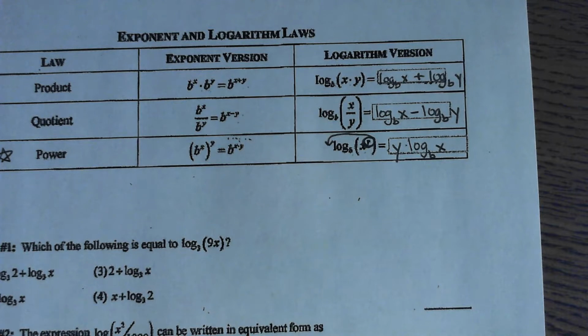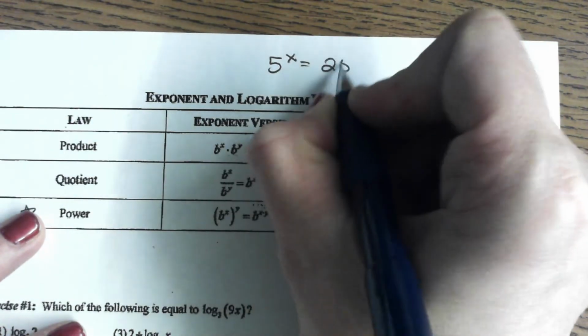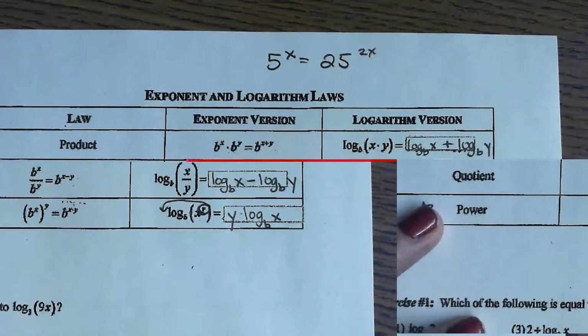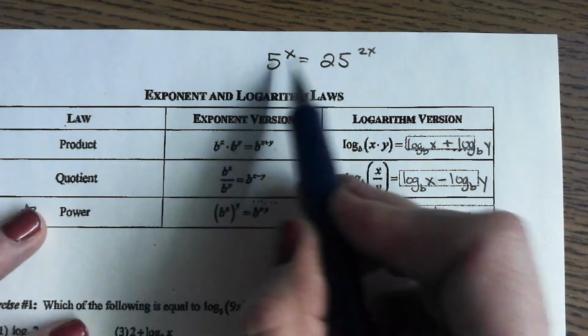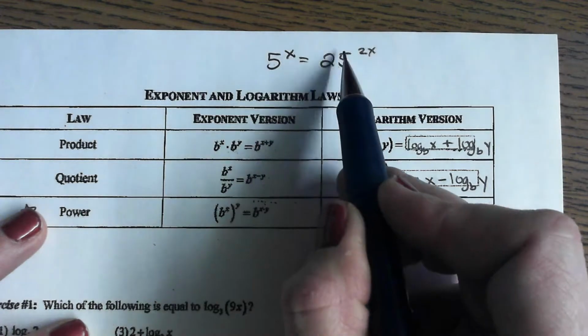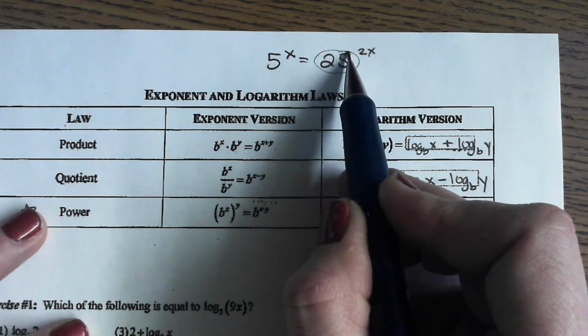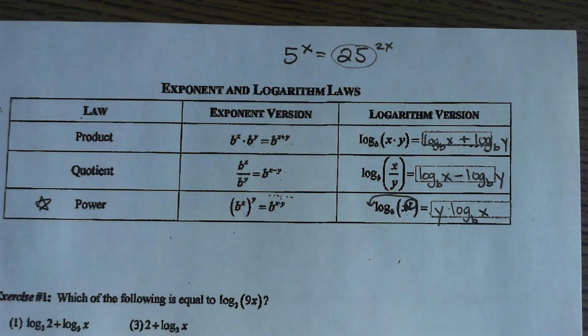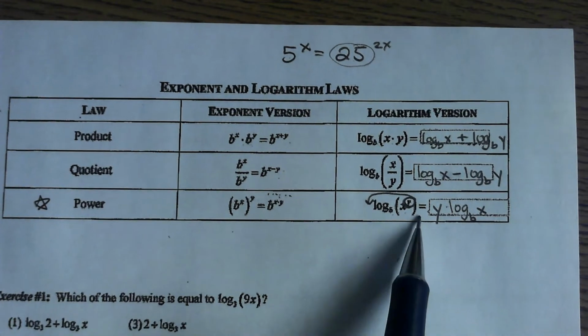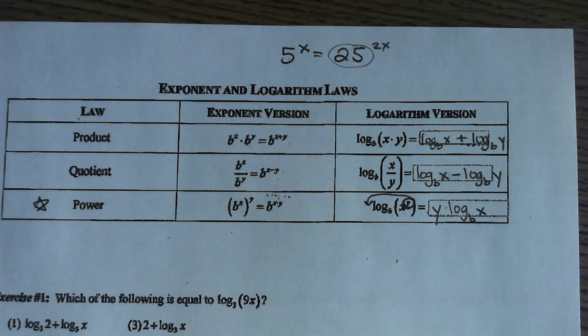So right now we can only solve 5 to the x power equals 25 to the 2x power, when we can create the same base on both sides; we would make this a 5 squared. Those are the only ones that we conveniently can solve right now. This property is going to allow us to solve a lot more than that.